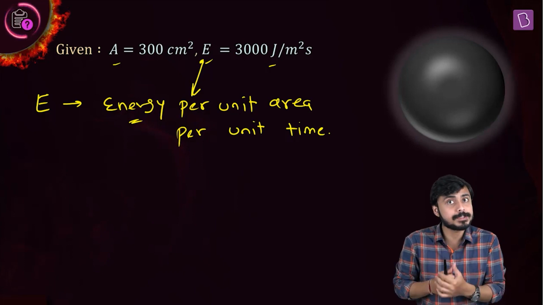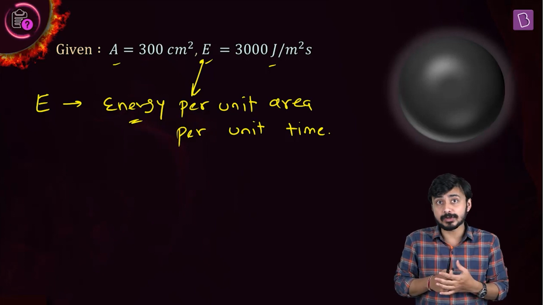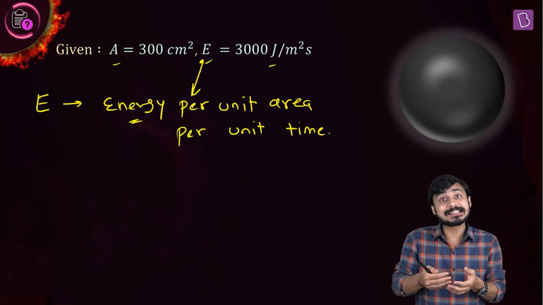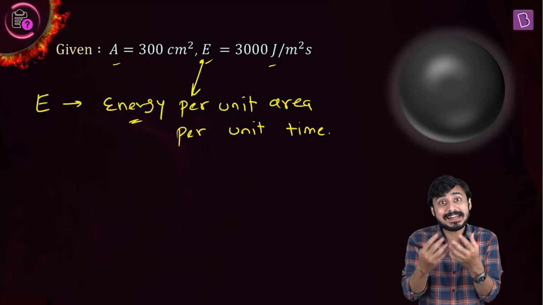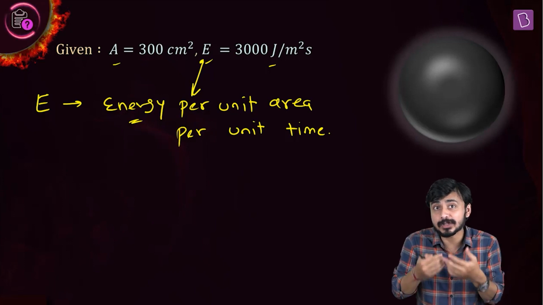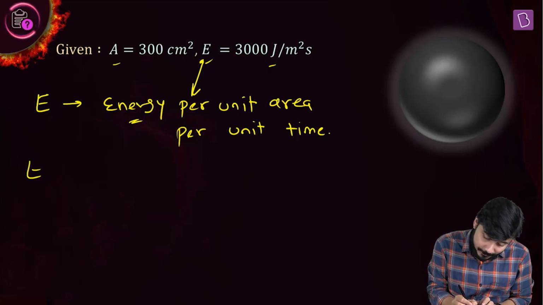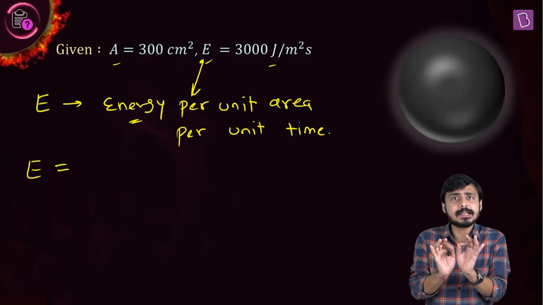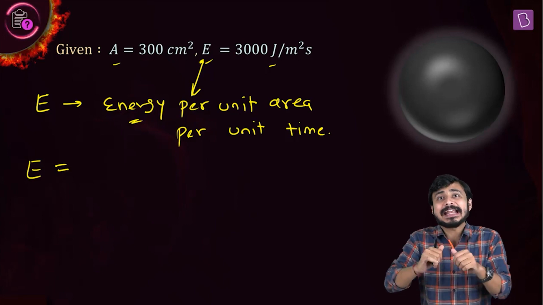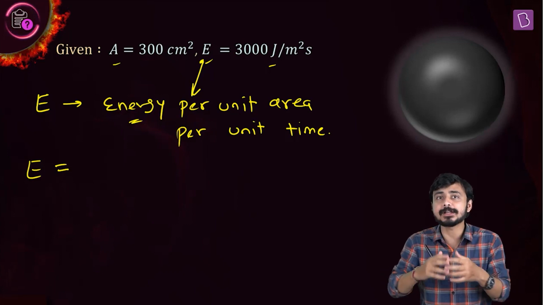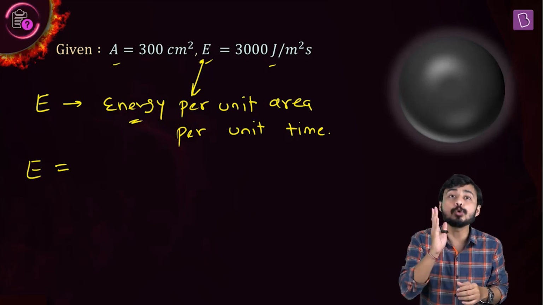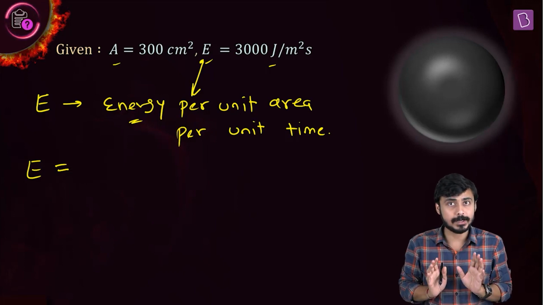Joule is the amount of energy. Per meter square is divided by the total area. Per second is divided by the total time, right? So it's total energy divided by total area multiplied by time. So the emissive power must be given by, let's say, the total energy emitted in t seconds. The total energy emitted in t seconds is Q. That Q you have to figure out.